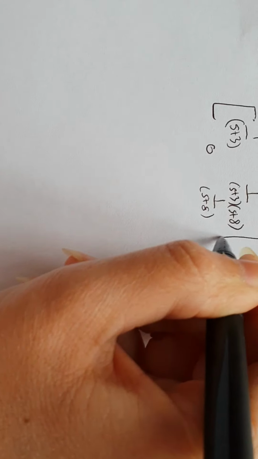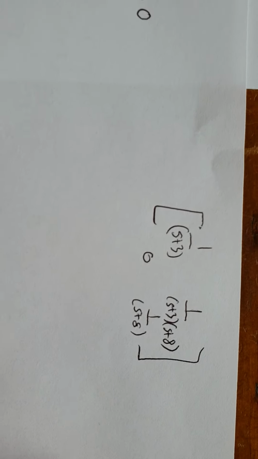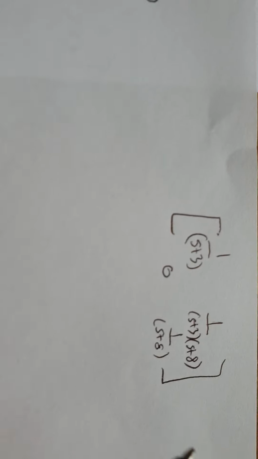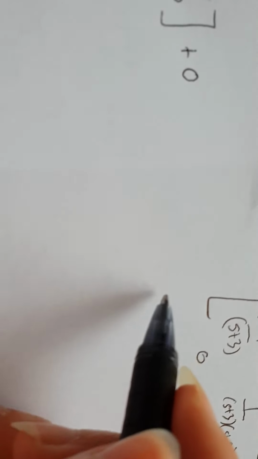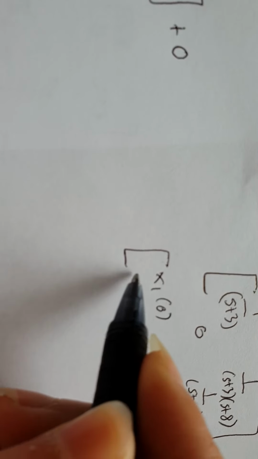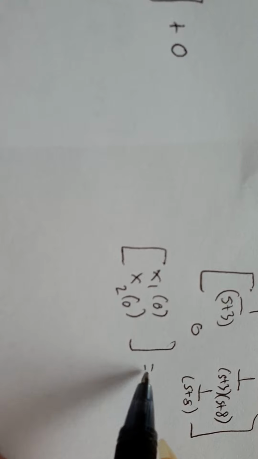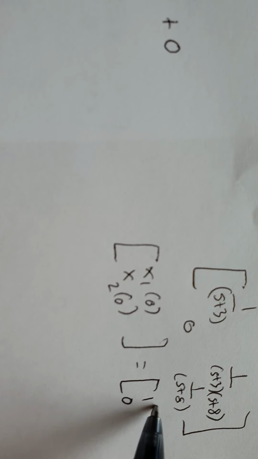So let's write our initial values again, just so we can see it: x1 of 0, x2 of 0 equals 1, 0.